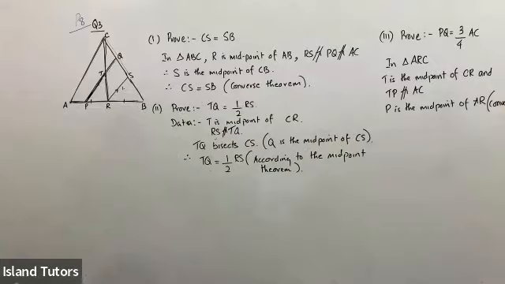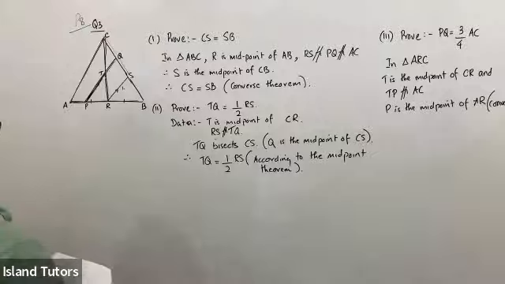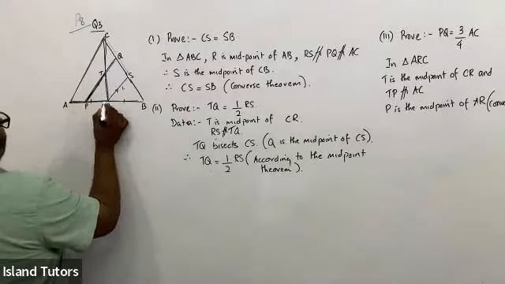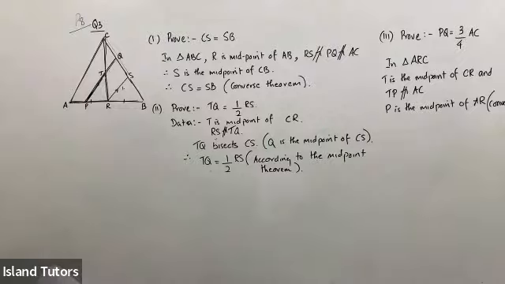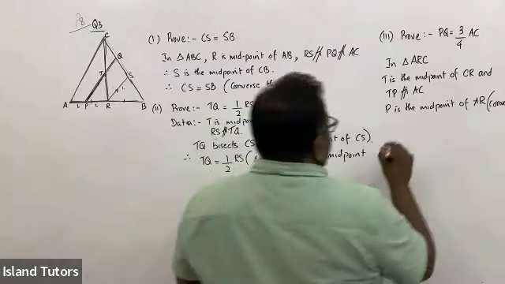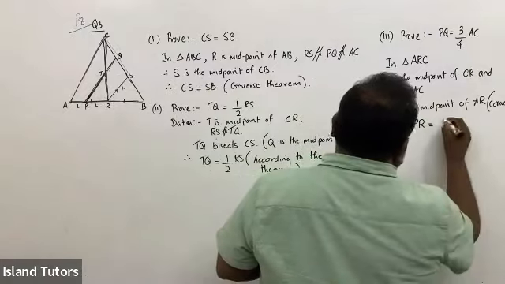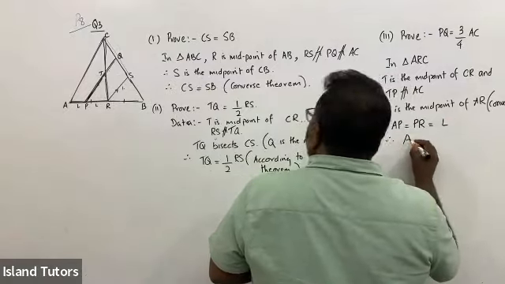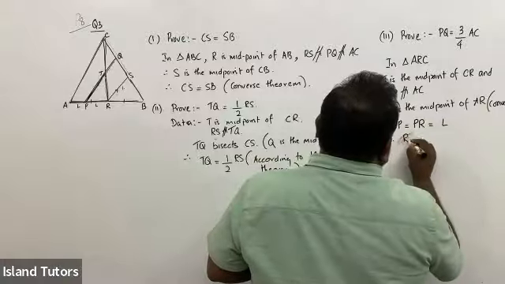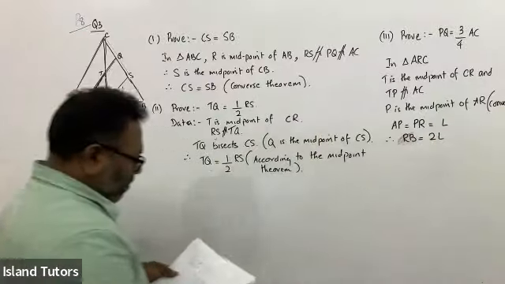Right? So AP is equal to PR is equal to L. Why are we saying L? This length. AP is equal to PR, okay, and RB, you say this is L, this is L, so AP is equal to PR is equal to L. Therefore, RB is equal to 2L, okay.